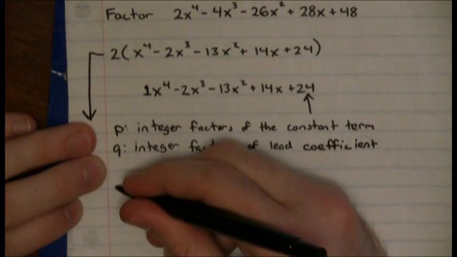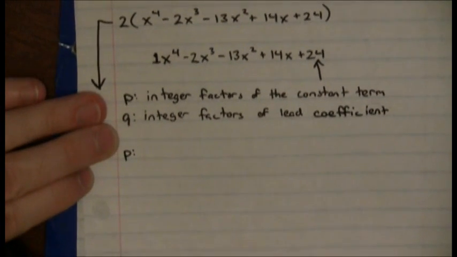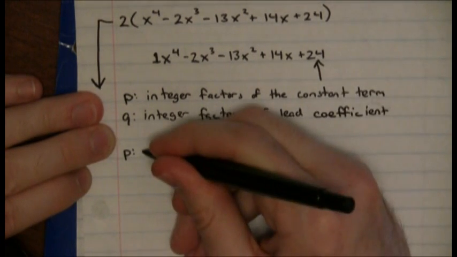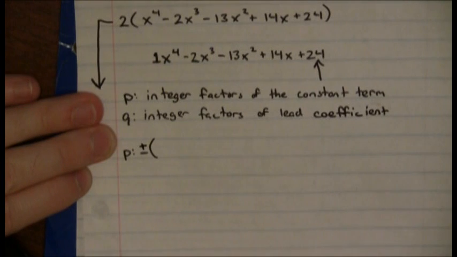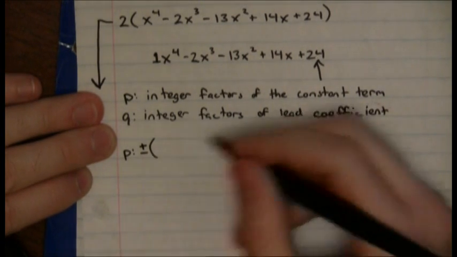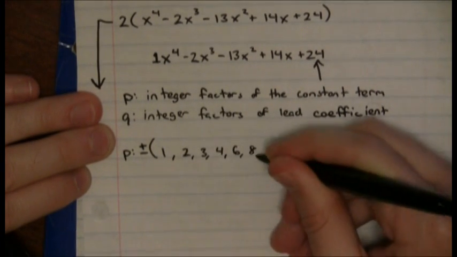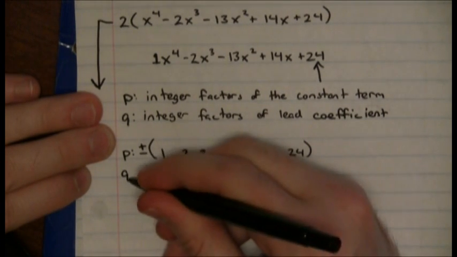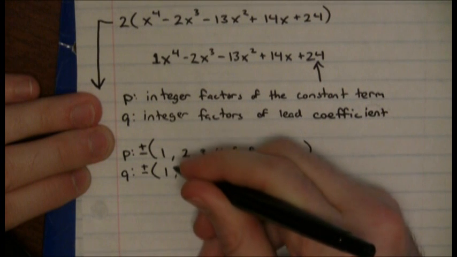So, when we make a list of P and Q's, and we're talking about their positives and their negatives here, we're going to list out all the factors of 24 along with their negatives. Now I'm going to use this plus or minus, and I'm going to put parentheses behind it, meaning every single member of this set here, we're including the positives and the negatives. So factors of 24, listing them out here. And then the factors of Q, you just have the number 1.